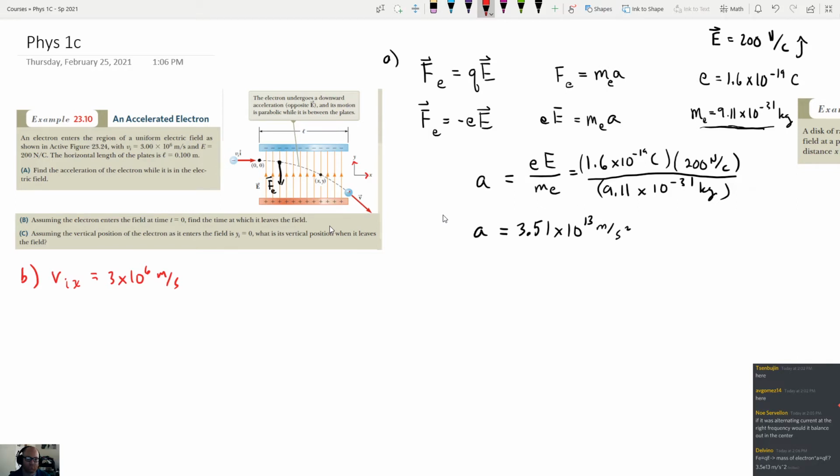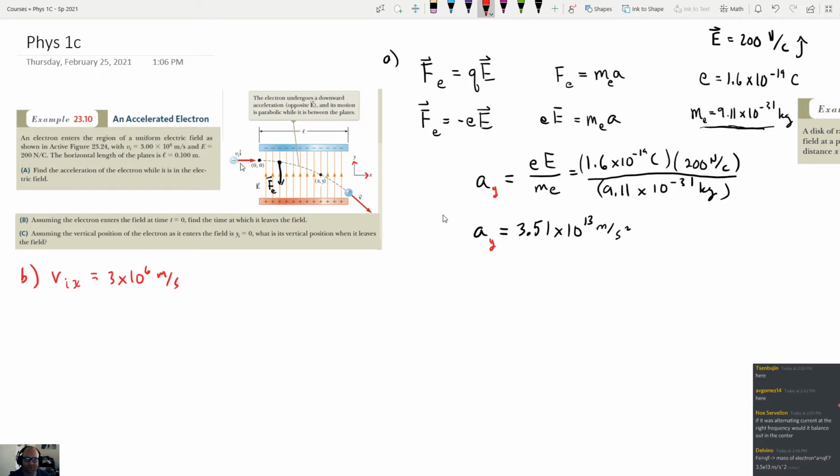We can use the kinematic equations. Which one? Is it distance? Oh, I guess the x component isn't. So we could just use distance equals rate times time. Yeah, this acceleration over here, it really only points in the y direction, right? Mm-hmm.